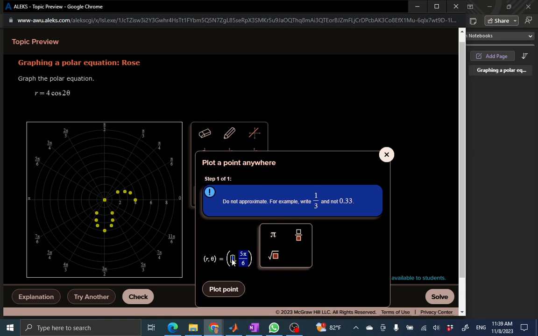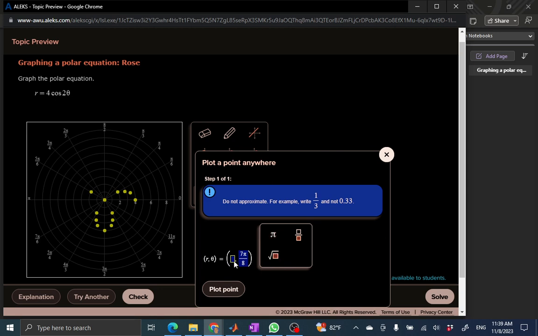So 5 pi over 6, 4 cosine of double of that becomes 2. So we arrive at the origin. We are continuing. So we are going to make this half petal here. And next angle is 7 pi over 8.